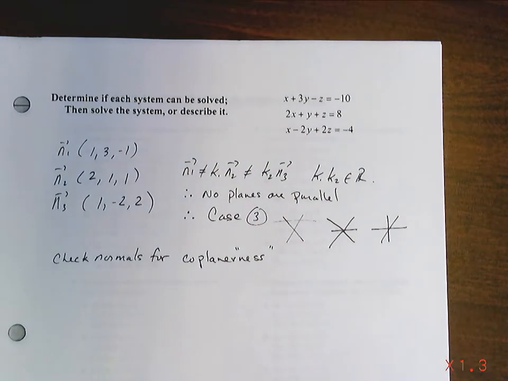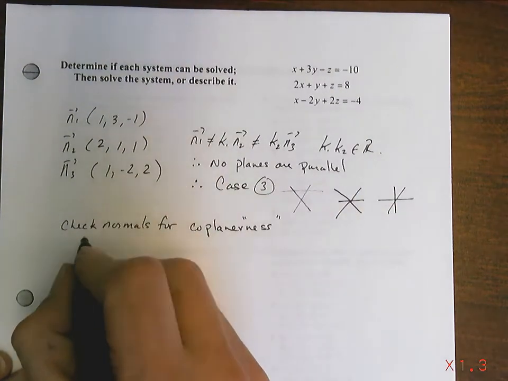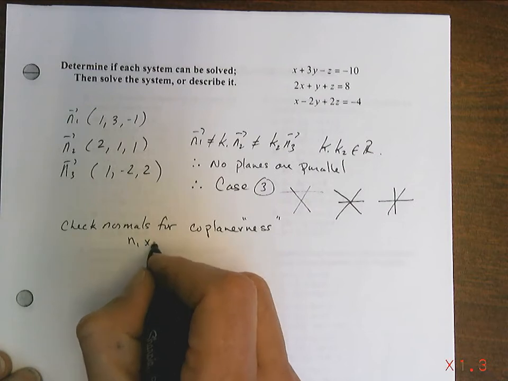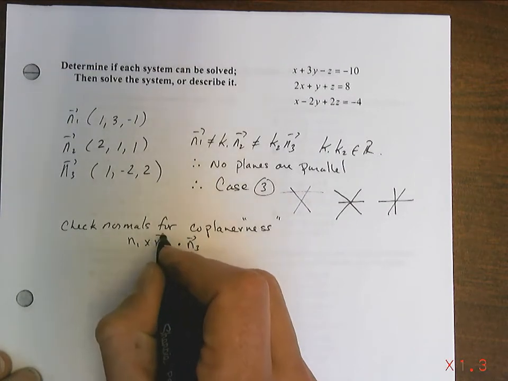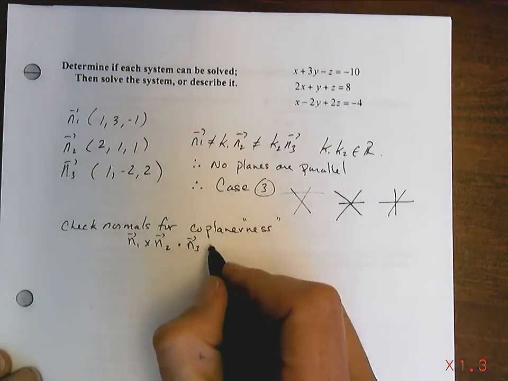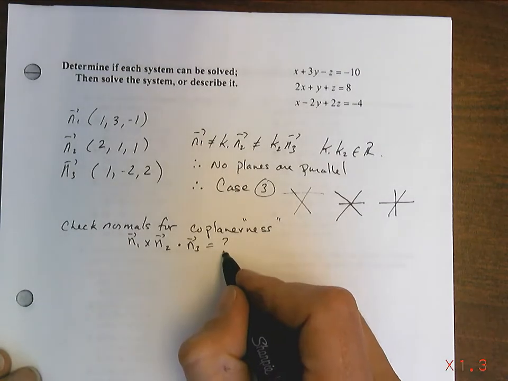In a little while, if enough of us agree that it's a word, it'll become a word. So check for coplanarness, and we're going to do that by using the triple scalar product, which is n1 cross n2 dot n3. Okay, and we're going to look for whether or not that equals 0, and if it does, then they're coplanar, and if it doesn't, then they're not.